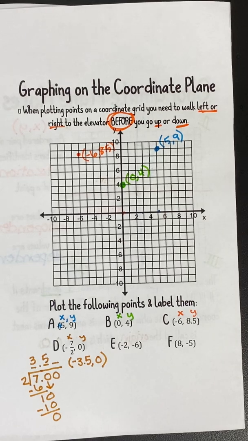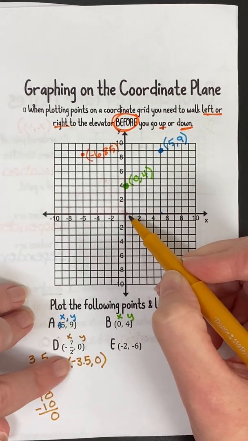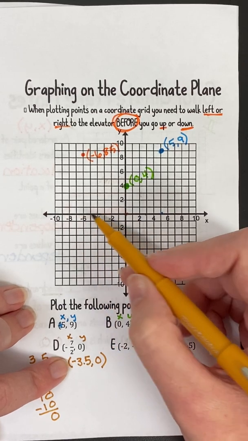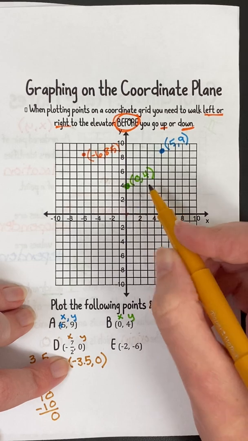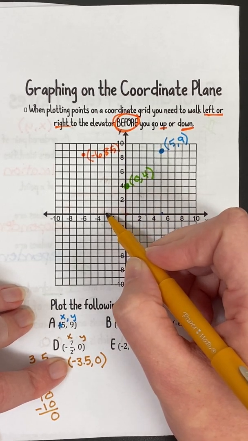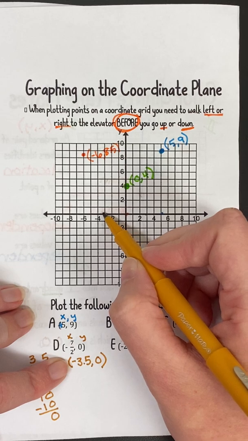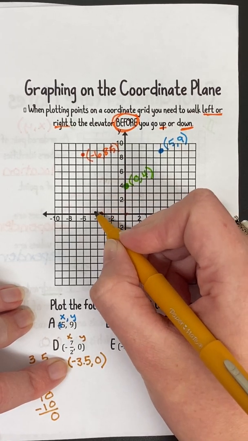Okay, so let's go ahead and graph that. So again, I always start at the origin, and I have a negative, so I'm going this way, and it's 3.5, so 3 1/2. So let's start by going 3, 1, 2, 3, and then I need to do my 0.5, which is right there in the middle of 3 and 4.